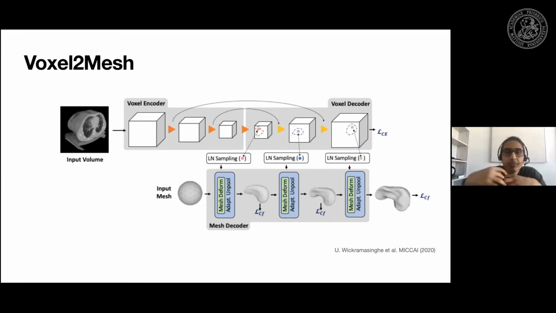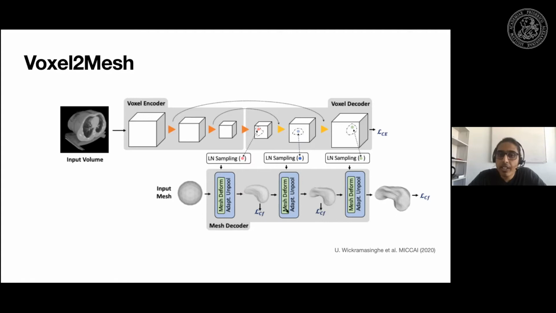In the first layer, we take information from the voxel features and use it to deform this sphere a little bit. After we deform it, we introduce a new set of vertices, which I will explain in detail later, and we end up with this intermediate liver image. Then we repeat.